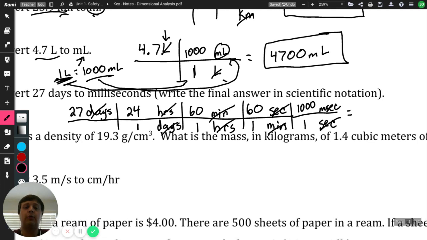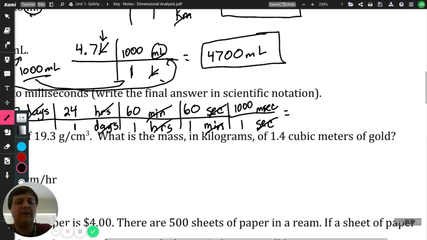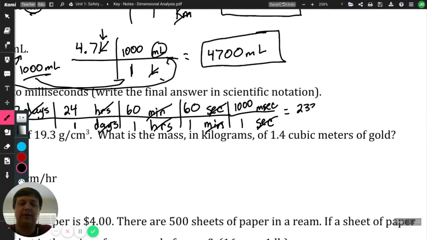So we would take and we would go 27 times 24 times 60 times 60 times 1,000, and then we would divide it by 1, and then divide again by 1, and divide again by 1, and divide again by 1, which we know they don't matter if it's just 1, right? And then when we do that, we're going to end up with the number 233280000.